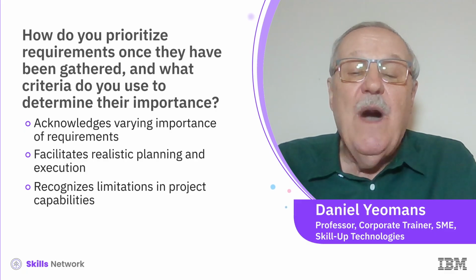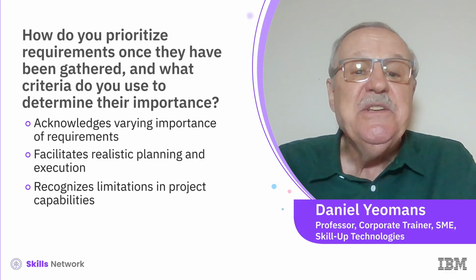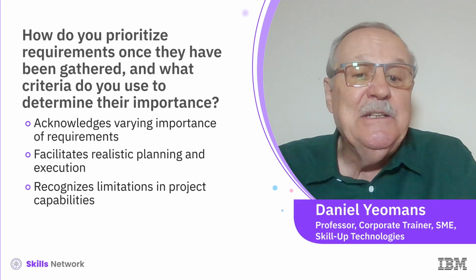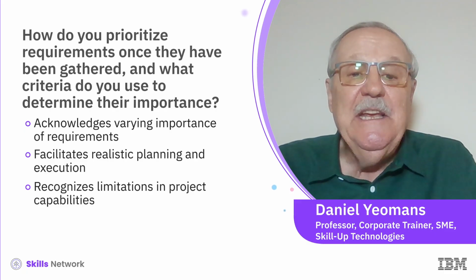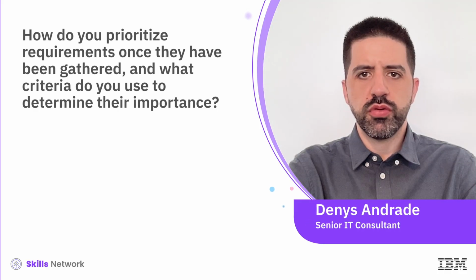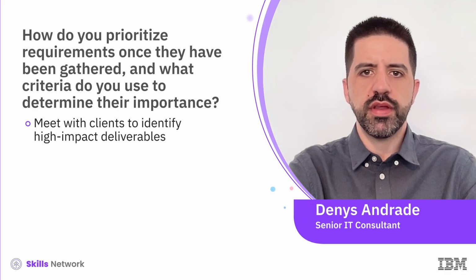You may have a requirement that was a must have, should have, could have that you require based on changes. Unfortunately, you won't have. To prioritize the deliverables, I usually hold meetings with the client to understand which of the deliverables could give the company a quick and important return.